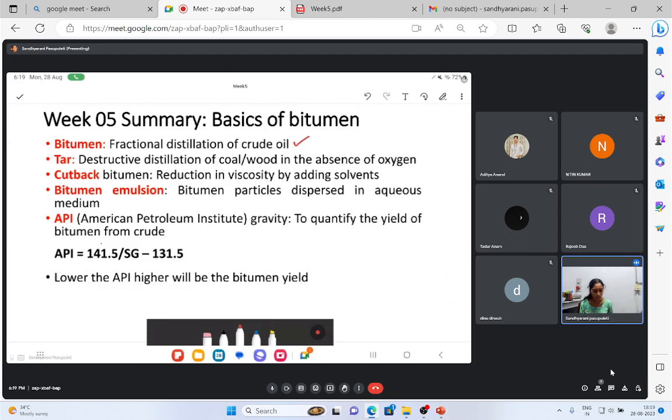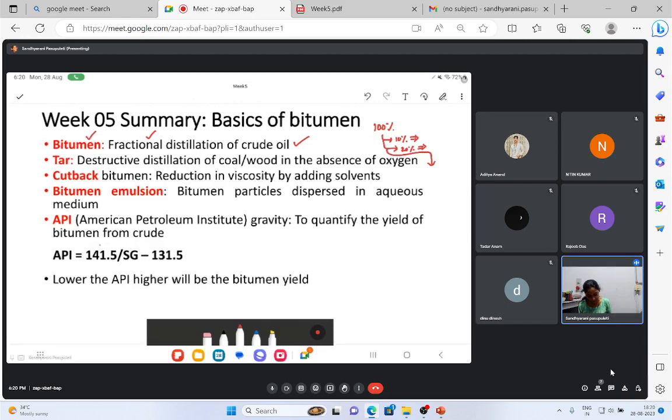That means if I separate the crude oil in fractions, I will not be separating at a time. If I have 100% of crude oil, initially 10% of the fraction I will separate, again another 20% let us say. So fraction-wise, I will separate the crude oil into separate parts. At the end, whatever residue remains is what we are considering as the bitumen.